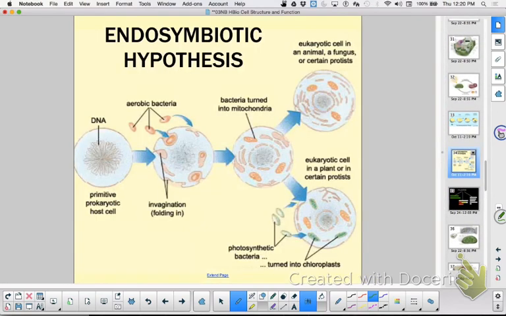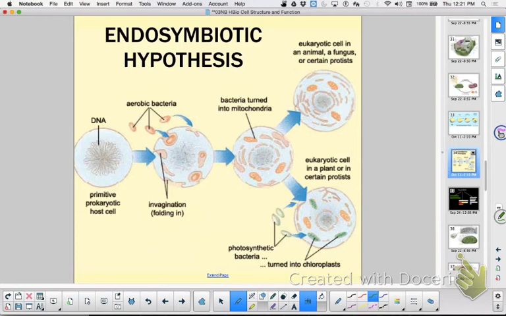The endosymbiotic hypothesis is how a eukaryotic cell could have evolved from a prokaryotic cell. So the idea is we know endocytosis can happen, that membranes can go out and engulf things. But if a membrane starts to fold in, and it's a really big fold, and that fold loops around the nucleoid region, that could be a way that you form a nucleus, because that is just the DNA encapsulated in a membrane.